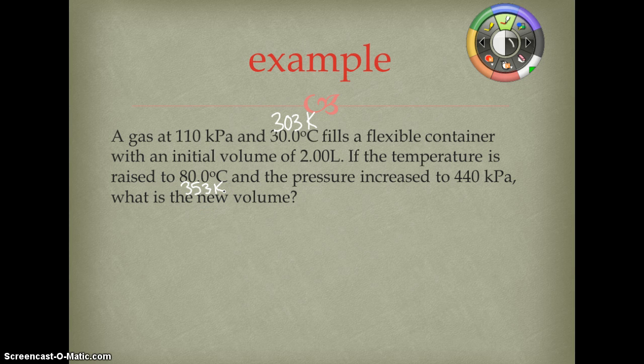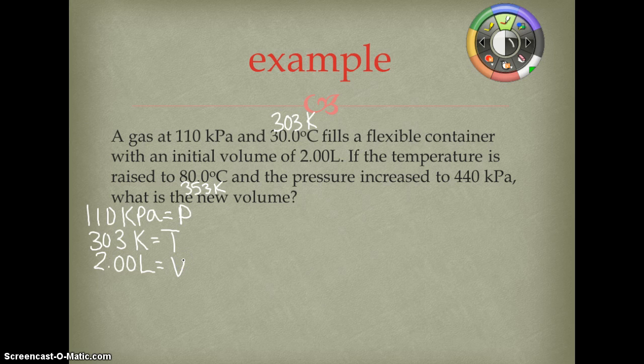So now we can go and identify our variables. So we have 110 kPa, and kPa is a unit of pressure. 303 Kelvin. Kelvin is a unit of temperature. We have a flexible container, initial volume of 2 liters. Liters is a unit of volume.